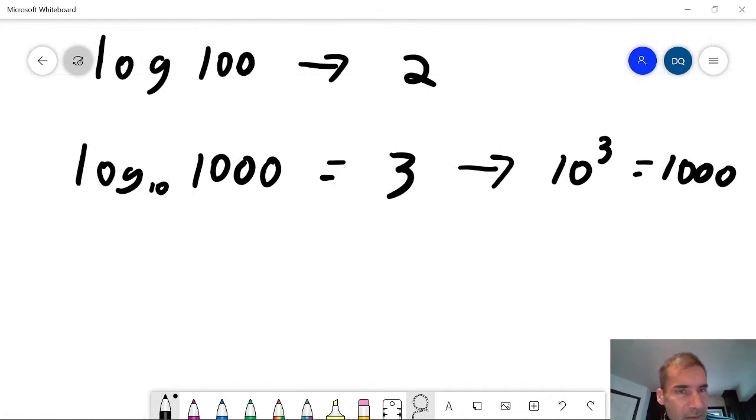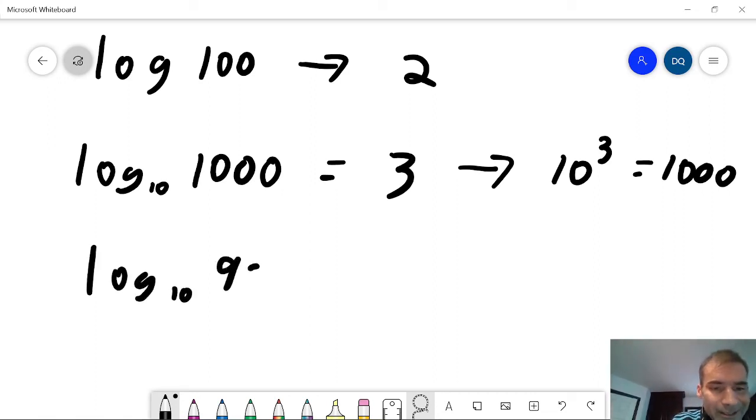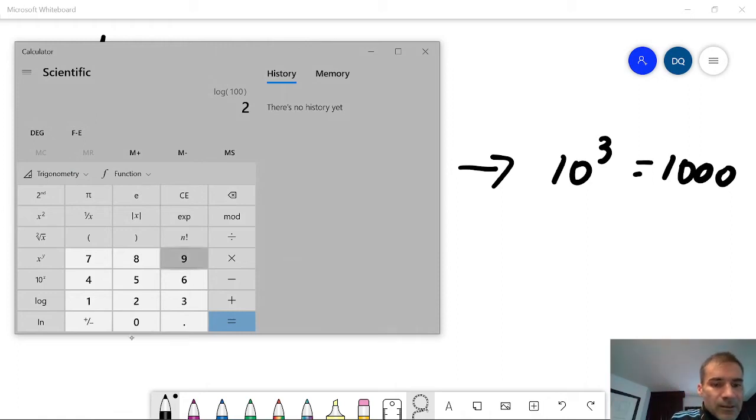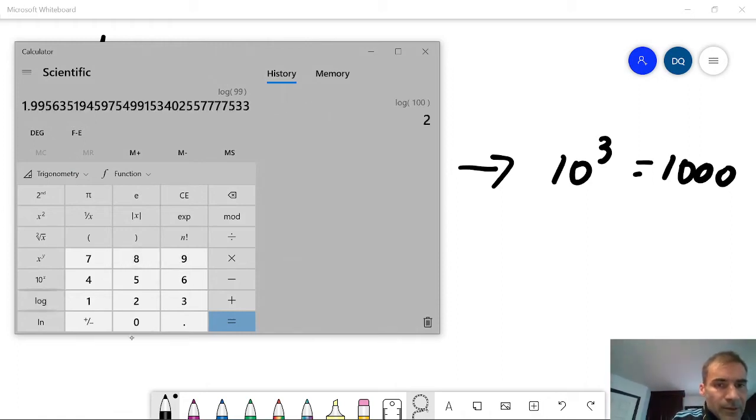What happens if the number is not a perfect multiple of 10? Let's say we're looking at the base 10 log of 99. The base 10 log of 100 is 2. We should expect the base 10 log of 99 to be a little bit less than 2, but not much. And the base 10 log of 99 is 1.996.